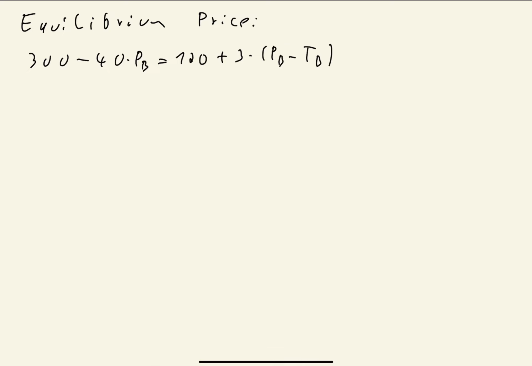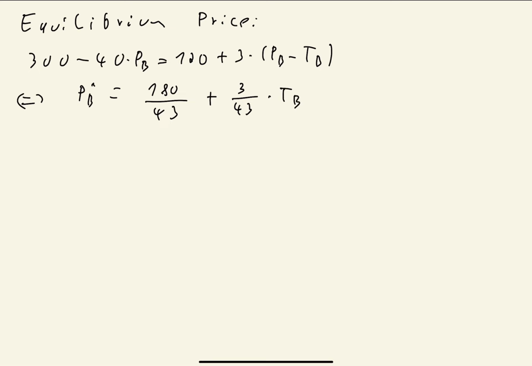Yeah, so the taxes on bananas are here denoted by TB. If you solve this, you get an equilibrium price of 180 divided by 43 plus 3 divided by 43 times TB.